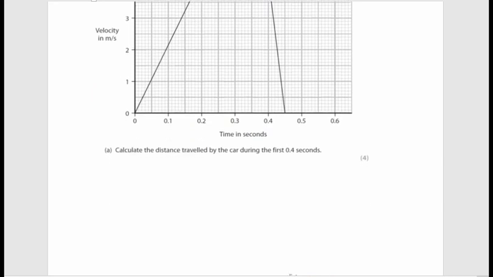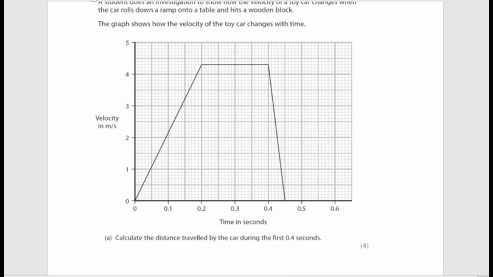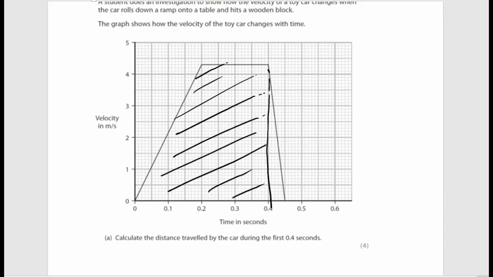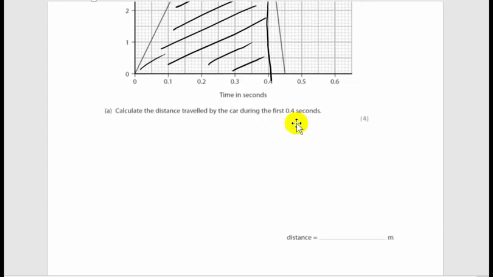Calculate the distance travelled by the car during the first 0.4 seconds. We have to calculate the area of the velocity time graph up to 0.4 second.